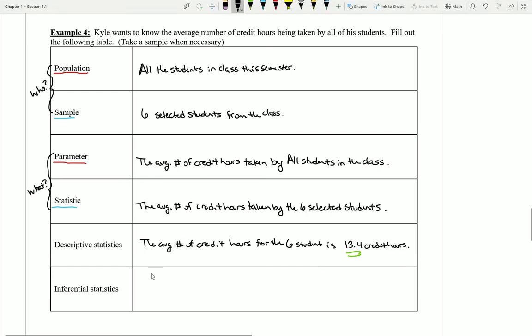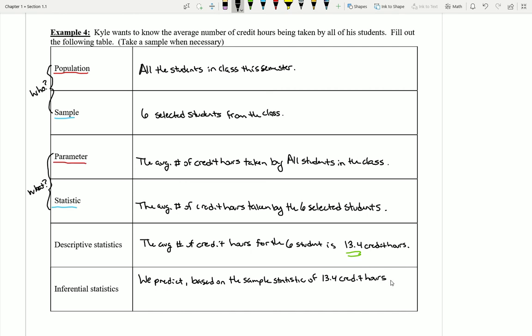Remember that an inferential statement would say, based on what I know, can I make an educated guess about the population and the parameter of the population? So maybe I could say something like, we predict, based on the sample statistic of 13.4 credit hours, right?